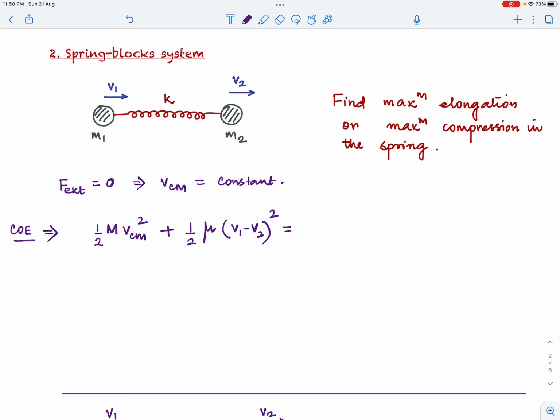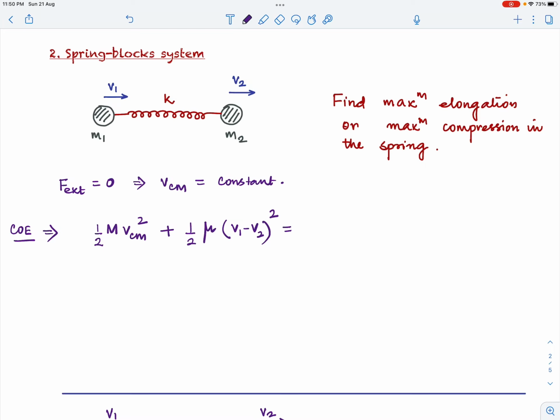Plus the second term will be half mu into (V1 minus V2), which will now be the relative velocity finally, and this is going to be 0, because at the state where we are writing this energy, the two blocks are moving together with the common velocity. So this V relative comes out to be 0, and see what is happening now.